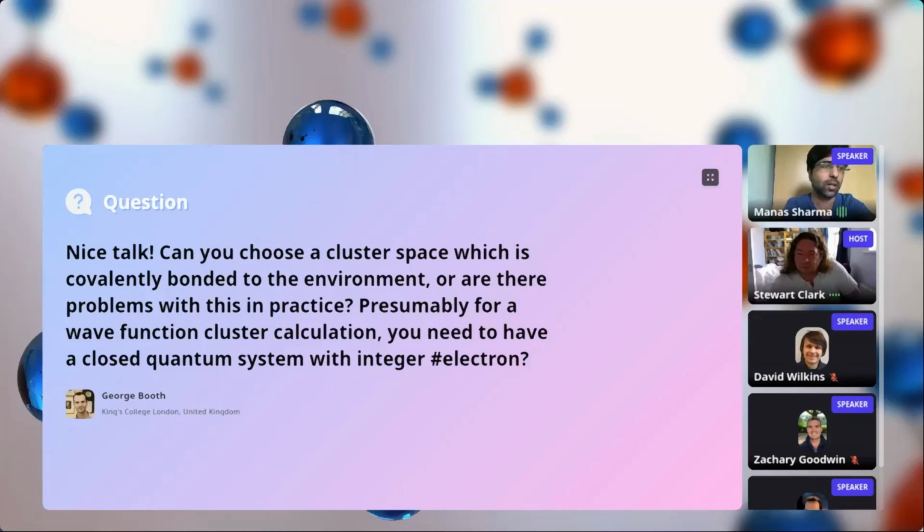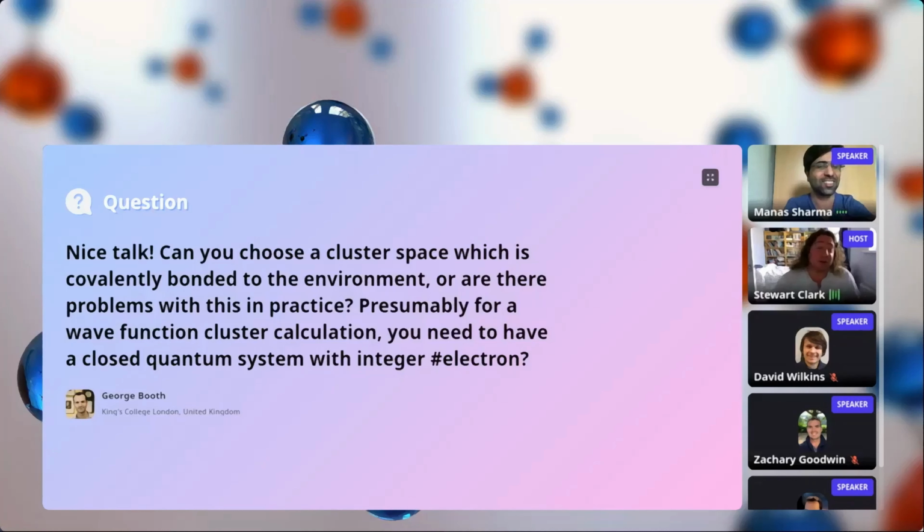Since the implementation currently only supports closed shell systems, I provided a positive charge and a negative charge so that both systems are neutral closed shell systems, like CH3 positive, CH3 negative. However, for molecule in periodic embedding, since that only works with method 2, we cannot cut through covalent bonds there. I hope that answers it.